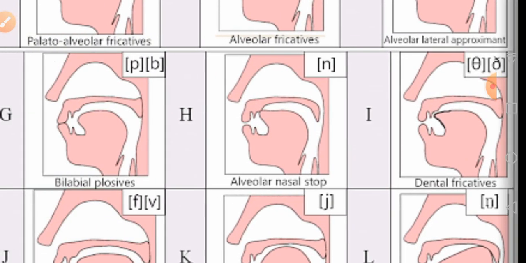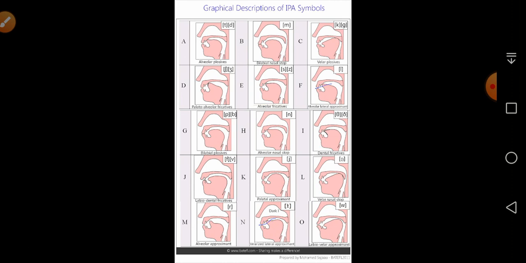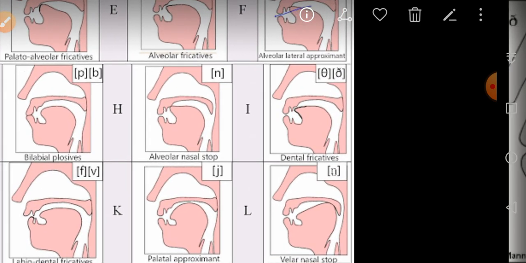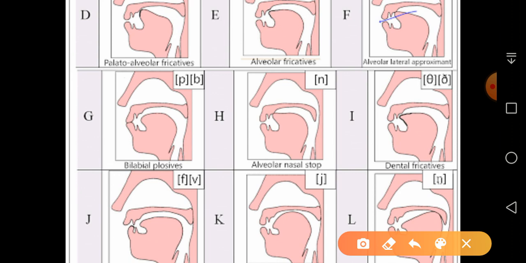Here, as you can see, this symbol is visible here, that air comes here and then goes out to the atmosphere, but its path is narrowed down at this place. So we can say they are dental sounds.